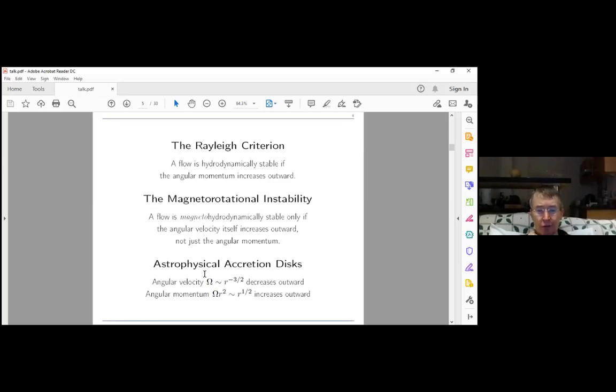So what is an astrophysical accretion disk? Well, if you have studied a little bit of astrophysics already, then you probably already know what an accretion disk is.